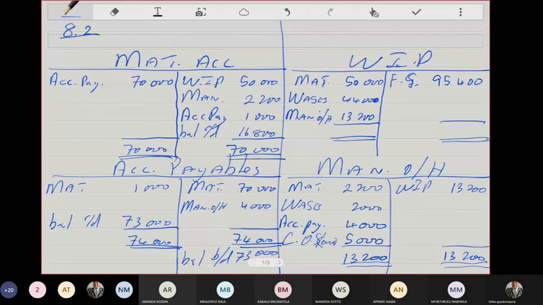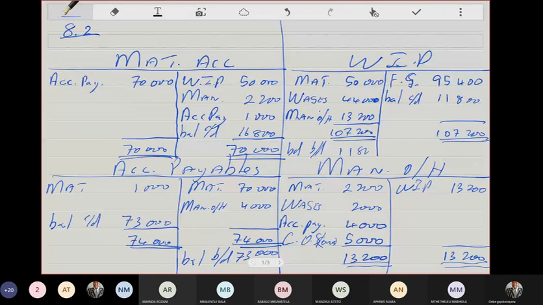So it's 107,200. So we are looking at 107,200 also on the credit side, minus the 95,400. So this is your balance carried down, 11,800. It will be your balance brought down on the debit side, 11,800.